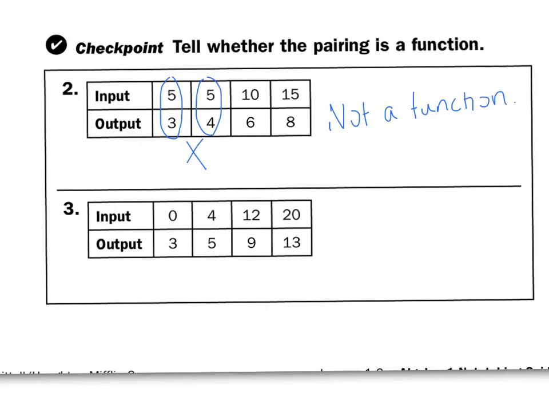Number 3 is a function. 0 is paired with 3, 4 with 5, 12 with 9, and 20 with 13. One hint is that if none of the input values are repeated, you are going to have a function. And number 2, the 5s repeated, and they had different outputs, so it was not a function.